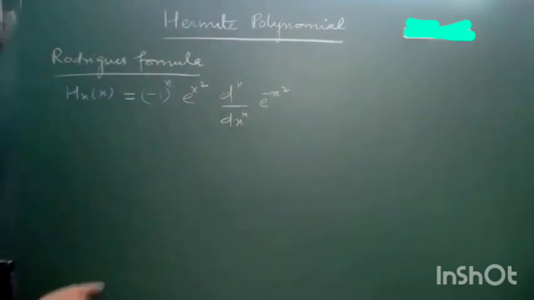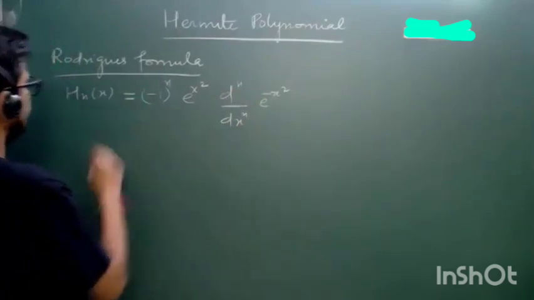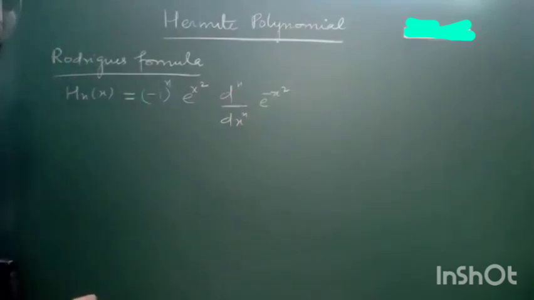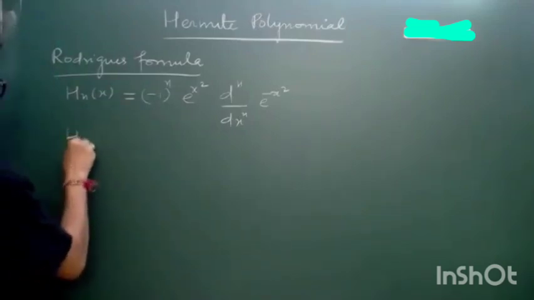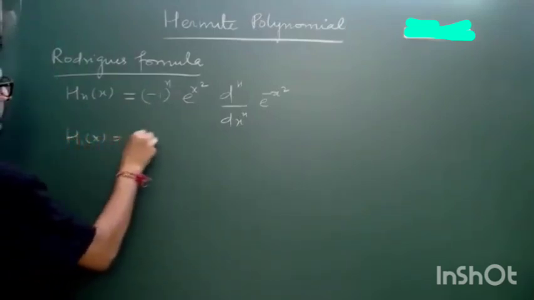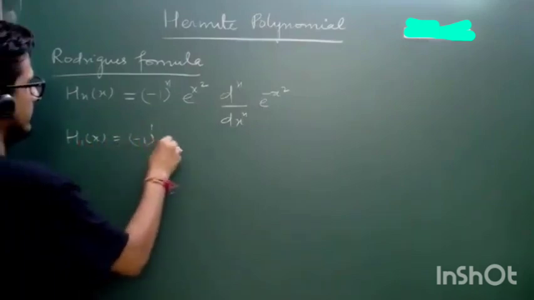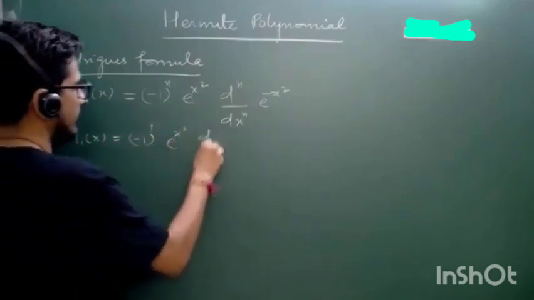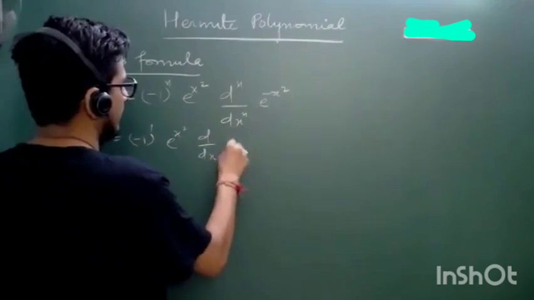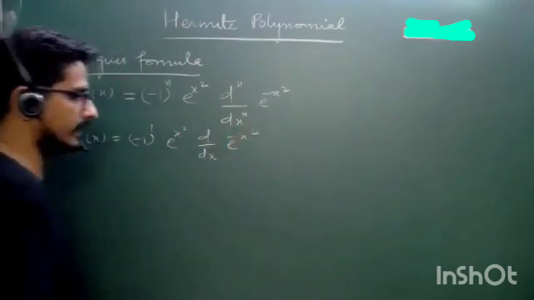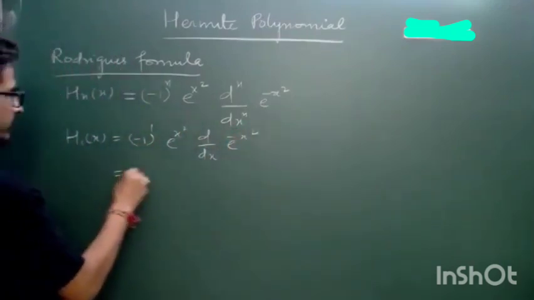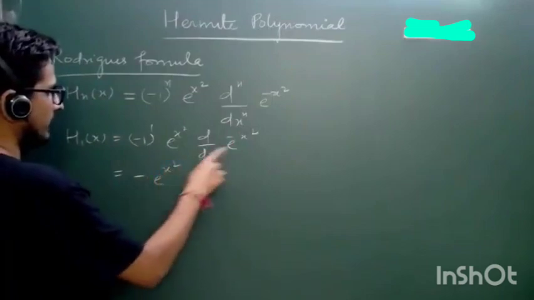Okay, so if you want to calculate the Hermite polynomial, suppose I want H1(x), so I will put (-1)^1 e^(x^2) d/dx of e^(-x^2). So it will become minus e^(x^2).